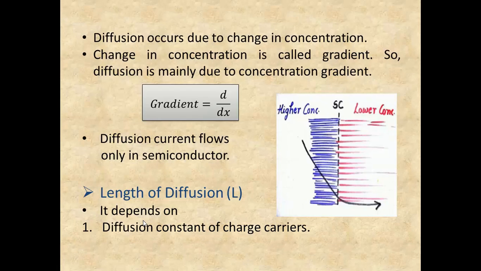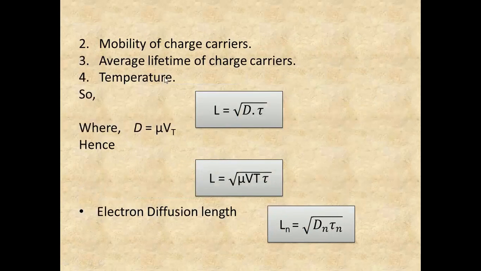Okay, length of diffusion depends on four things: diffusion constant of charge carriers, mobility of charge carriers, average lifetime of charge carriers, and temperature. From these four, let's build our formula. Length of diffusion, indicated with capital L, is equal to the square root of D times tau, where D is the diffusion constant and tau is the average lifetime.